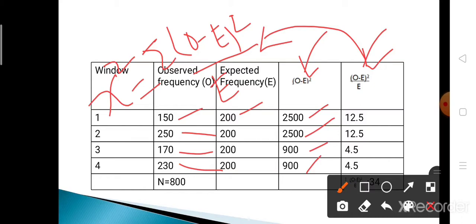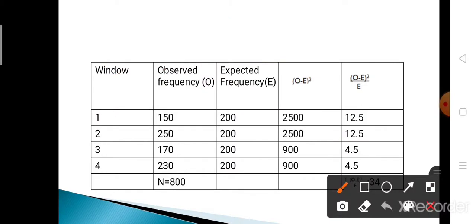Now the last column is (O minus E) square divided by E. That means divide the (O minus E) square column by E. So 2500 divided by 200 is 12.5. Then 2500 divided by 200 is 12.5. Then 900 divided by 200 is 4.5.